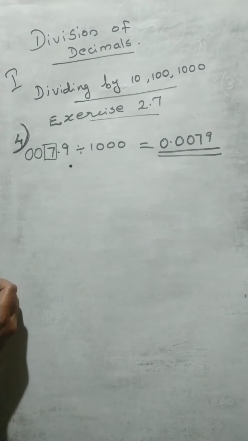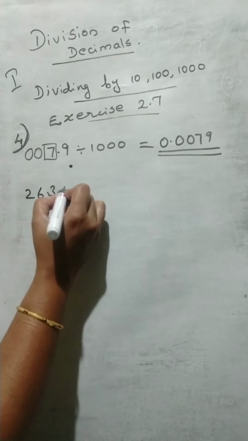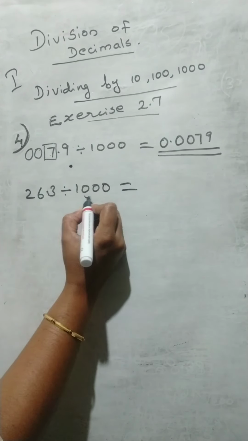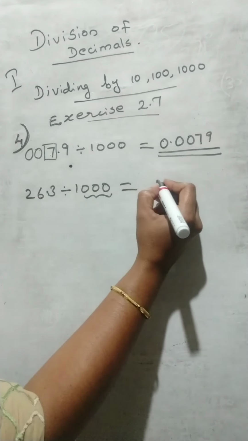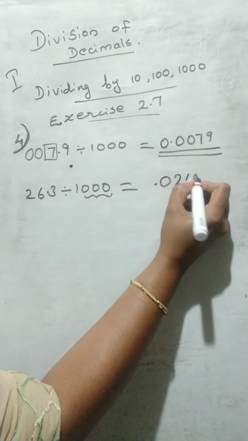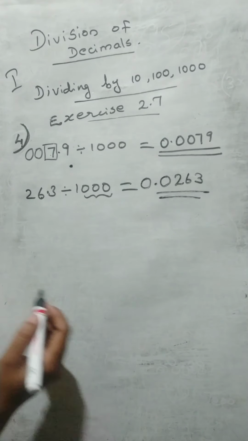Then the second question is 26.3 divided by 1000. That is equal to, here 3 zeros are there, but here only 2 digits. So we can keep point, then write 0, then 2 6 3. So 0.0263.